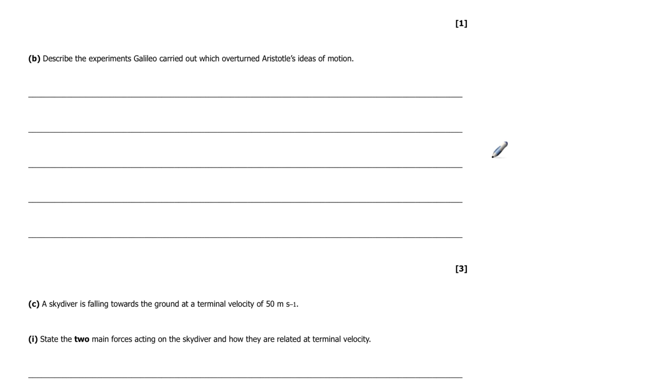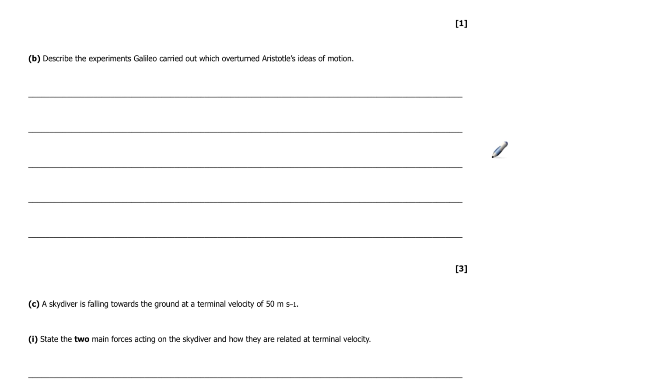Second marking point is the observations. So we need to describe the observations that Galileo made, and the observations would have been that the balls hit the ground at the same time, or the balls reach the bottom of the ramp at the same time. For our third marking point, we need to explain what the results of this told us about motion and how it overturned what Aristotle thought about motion.